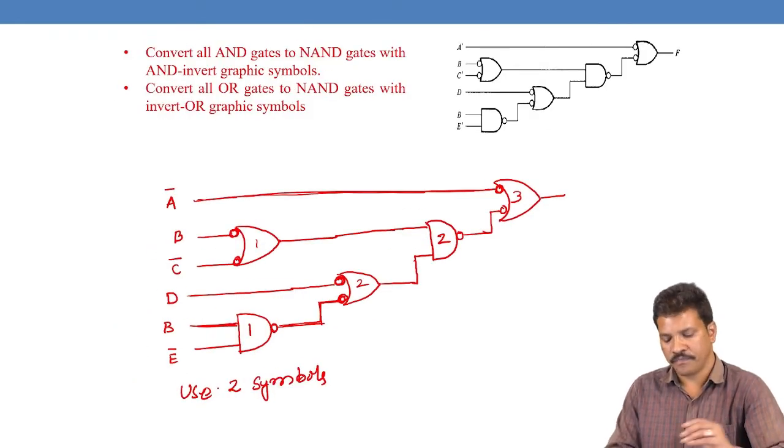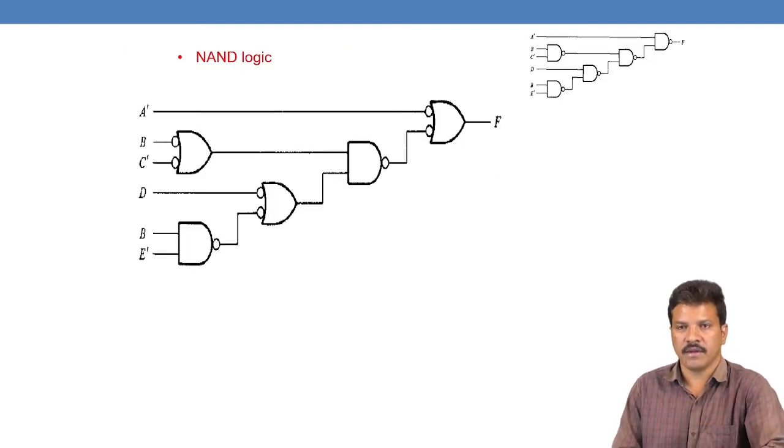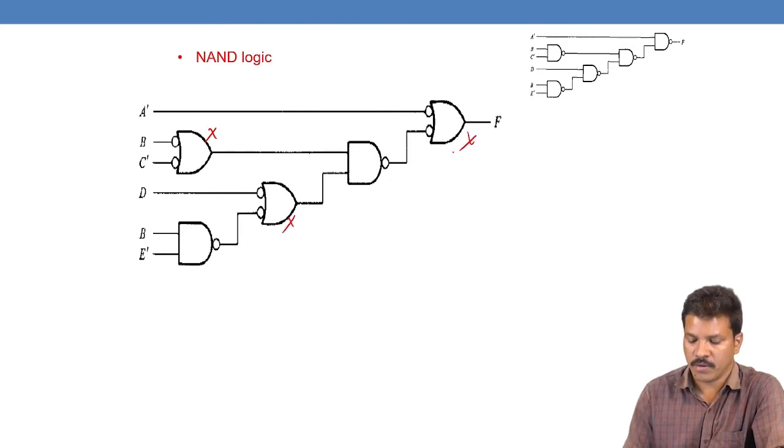So in this diagram, this is the diagram which I drew previously. Now replace this one. Replace this diagram, bubbled OR, bubbled OR.